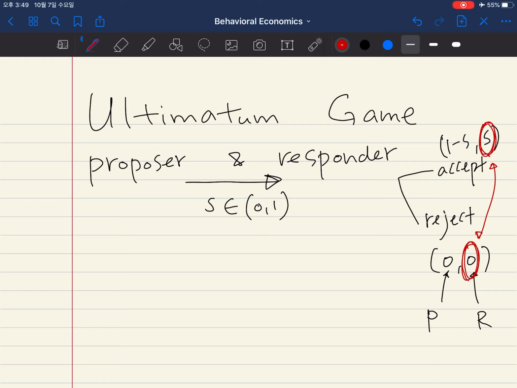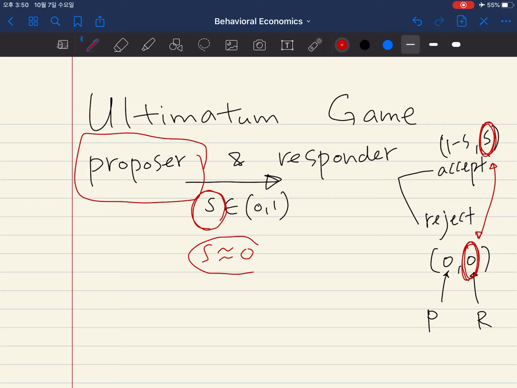Anticipating this, proposer knows that as long as S is a positive number, responder is going to accept the offer. So proposer is going to propose the smallest possible offer. We can say that S is going to be some number very close to 0, but saying that is not convenient, so we're just going to say proposer is going to offer nothing.